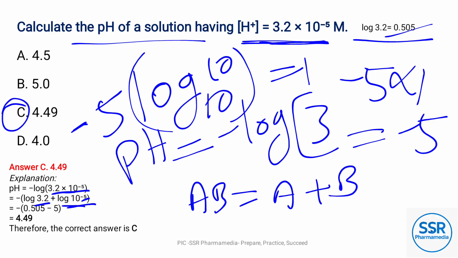So we have minus, 0.505 minus 5. Multiplying by the outer minus, minus into minus is plus, so plus 5 minus 0.505, which gives 4.49.